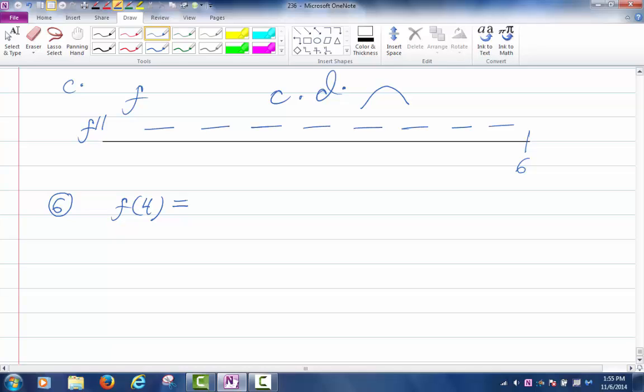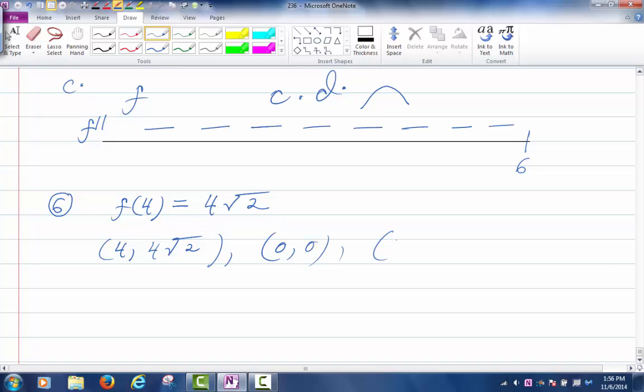If I plug in 4 there, what do I get? 4 times root of 6 minus 4, right? 4 root 2. And then we have a couple of intercepts, right? What were the intercepts? So I get the point 4 times root 2 on the graph. I have the intercept 0, 0.